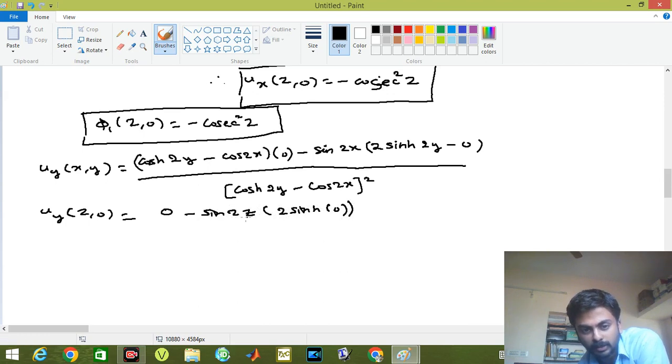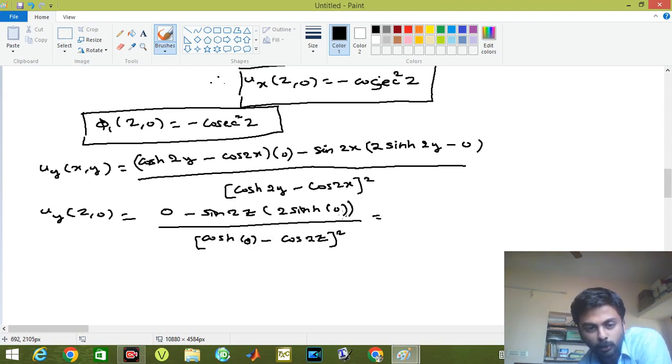The denominator is cos h of 0 minus cos 2z the whole square, that is 1 minus cos 2z, but there is no use of this denominator because sin h of 0 is 0.